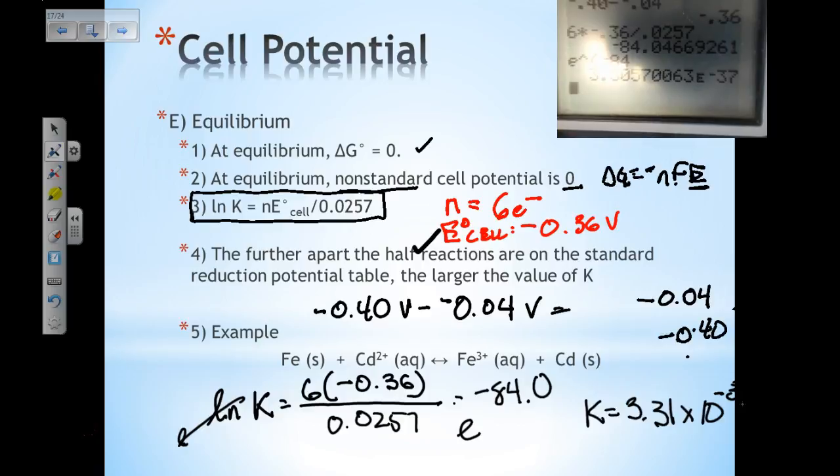That's a really, really tiny K, and that makes sense because this is a non-spontaneous reaction in the forward direction. Remember, K is products over reactants, so this just means there are way, way more reactants than products.